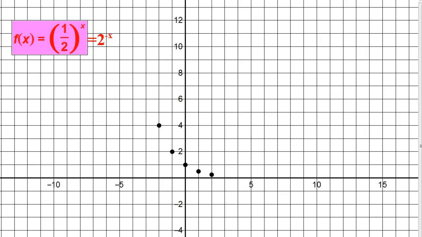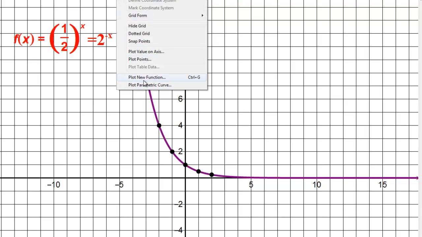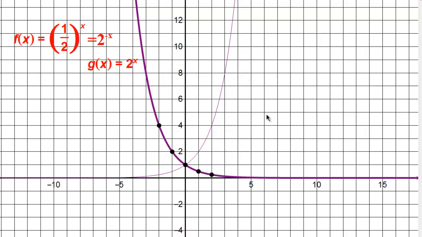So let's plot this function here. And again, you can see that the x-axis, or y equals 0, is your asymptote. And so let me graph 2 to the x so you can see what happened.